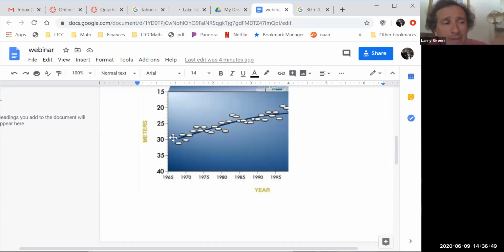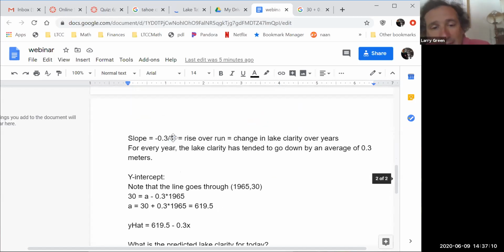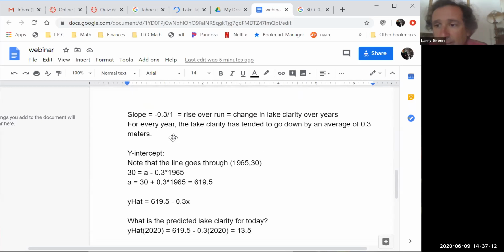And there's a measurement of correlation. And that measurement is a number. And the letter you use for it is R. So we're going to use the letter R to talk about correlation. If R is negative, then that tells you that you have a negatively sloped line like we did here. We had negative 0.3.